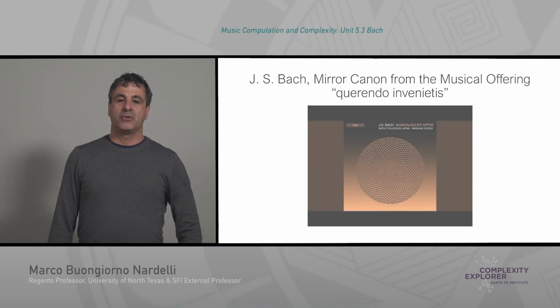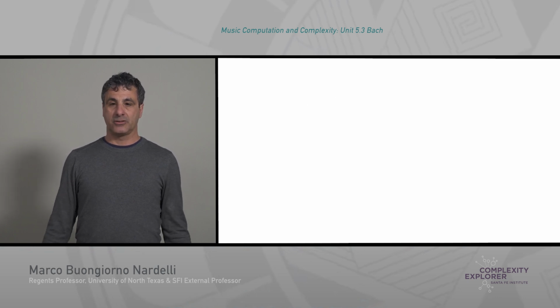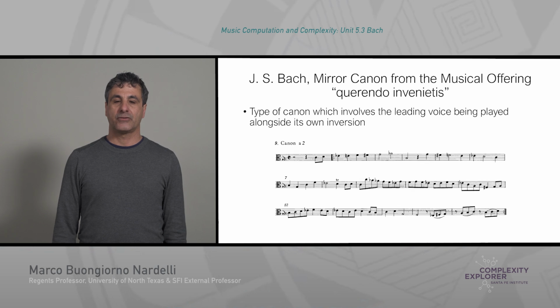The second example is another canon from the Musical Offering of Johann Sebastian Bach. It's called the mirror canon. So in a mirror canon, we still have a single melodic line that is the principal line of the canon.